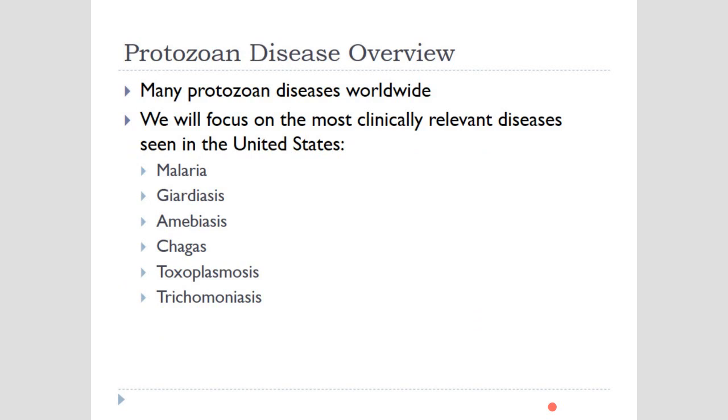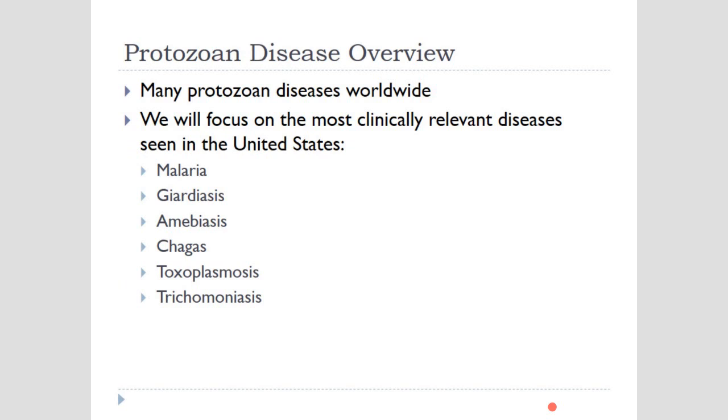But just to limit ourselves, given the constraints of our time and the course content, we would want you to know these diseases in the United States: malaria, giardiasis, rabies, Chagas disease, toxoplasmosis, and trichomoniasis. Trichomoniasis, again, is an STD. So Trichomonas vaginalis, we'll discuss that probably in some of the content.